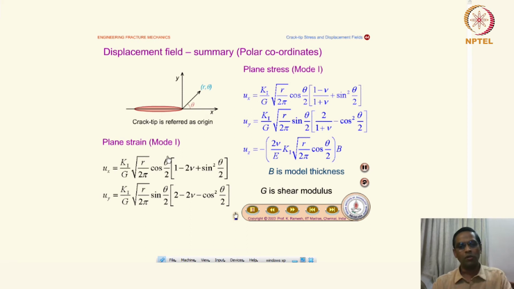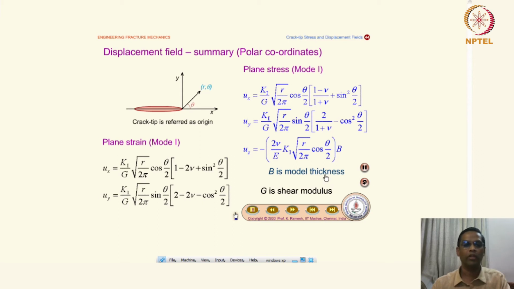So what you have to understand from this is that for a plane stress, you have the three components ux, uy, uz, very important, where uz is equal to minus 2 nu by E k1 square root of r by 2 pi into cos theta by 2 into B. B is the model thickness.